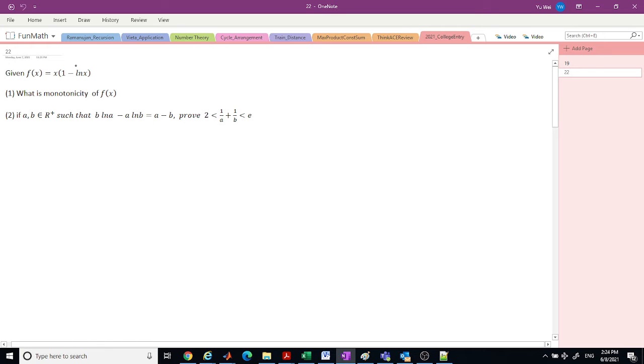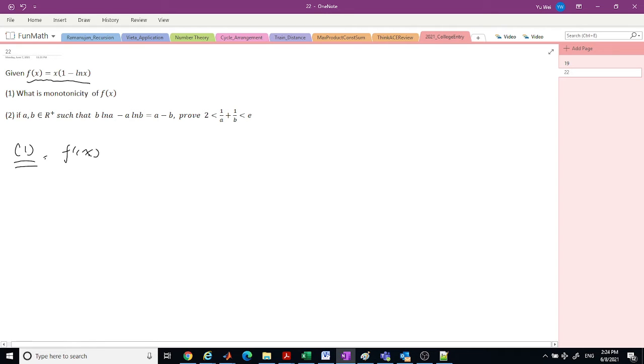So we are given a function f(x) as indicated. We want to see what the monotonicity of f(x) is, right? For the monotonicity, we had better use the derivative of f(x). So the first question is very straightforward.